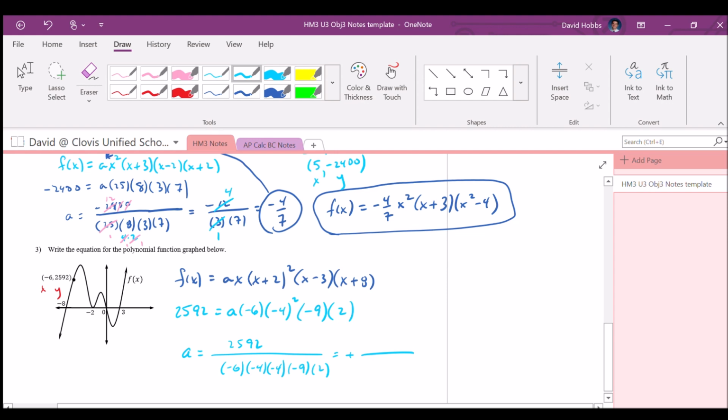Okay, and let's take advantage of, okay, so here's a 2. The top number is obviously even. And your calculator will do this sort of thing. So 2592 divided by 2, that's 1296.